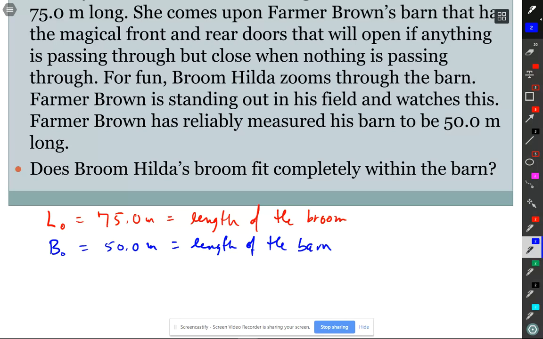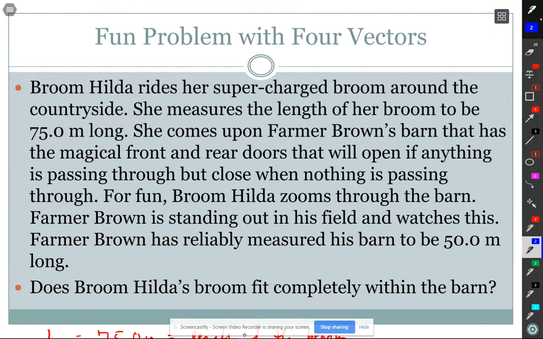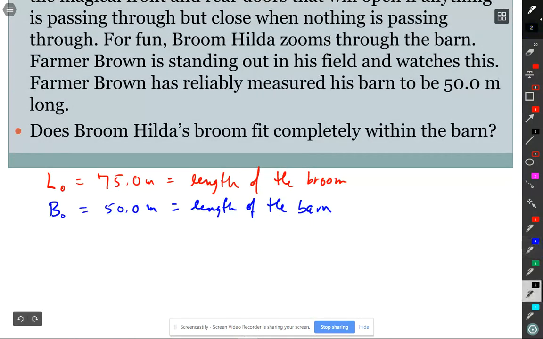It depends on what speed. Oh, I didn't write it down. She's going 0.866 times the speed of light. I, of course, did these calculations carefully, but I forgot to write that down. So thank you. V equals 0.866 times the speed of light.